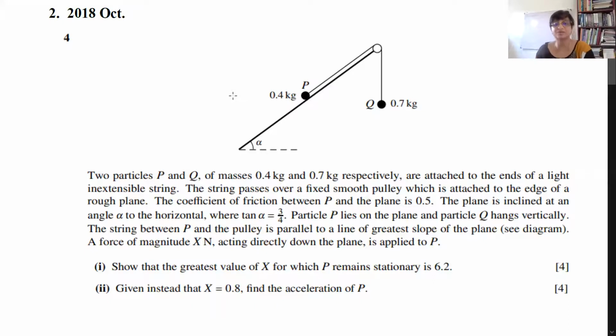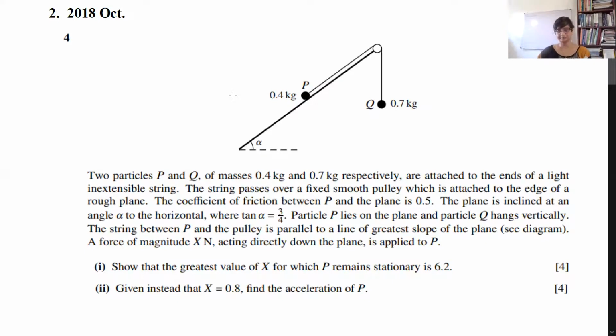So show that the greatest value of X for which P remains stationary is 6.2. Remember, this is related to friction. You are applying an external force to keep P stationary. So there will be a minimum force that you can apply and a maximum force that you can apply. You just have to figure out, for the greatest value, in what direction must friction act.